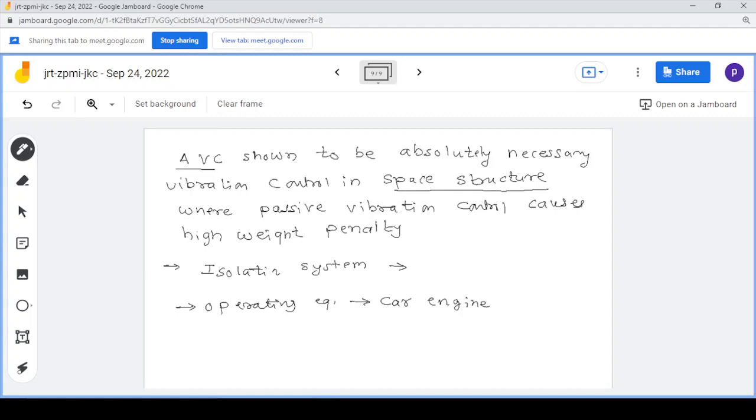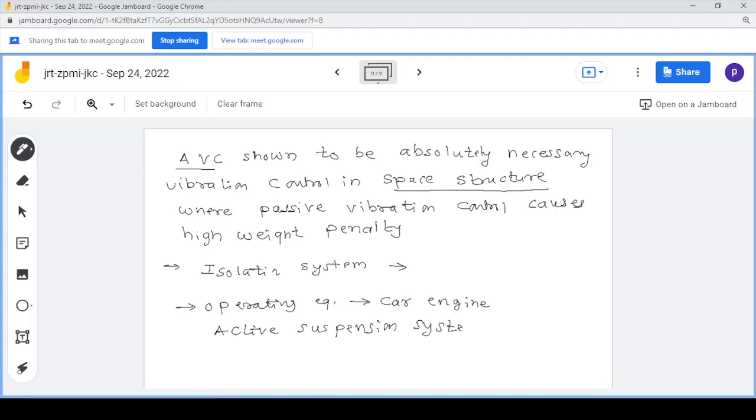And what is the example that we can use here to reduce the vibration? The technique that we can use for reducing the vibrations generated because of the oscillatory forces propagated into the supporting structure is the active suspension system.